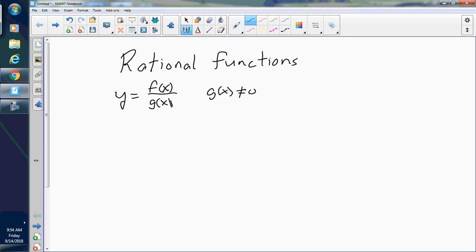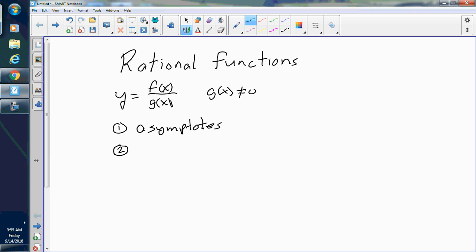For us to go about doing the graphs, it's going to involve determining basically three different pieces of information. First, we're going to need to find the asymptotes: horizontal, vertical, or oblique.